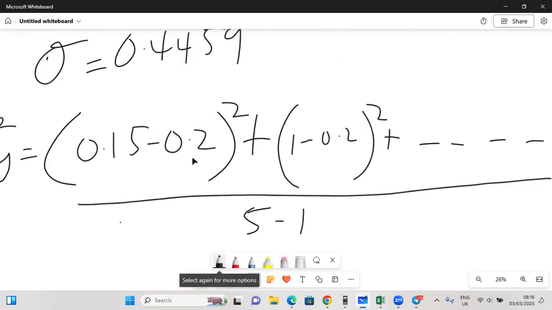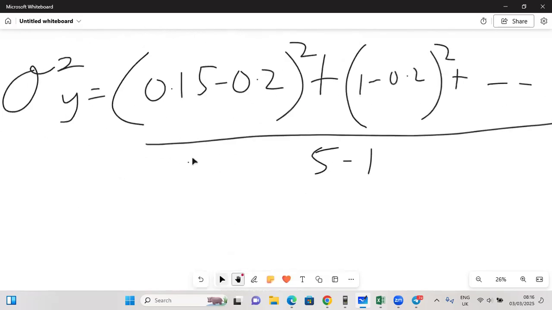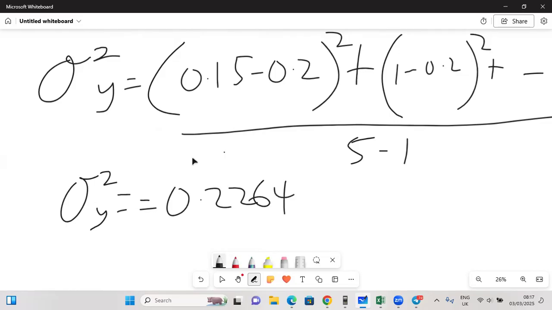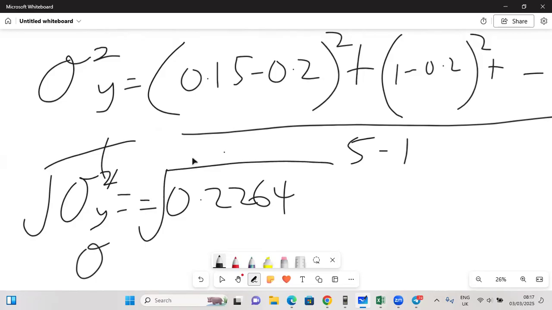So in that, we're going to get the variance to be equal to 0.2264. And then the standard deviation, when we take the root of the variance, we are going to get 0.4758.